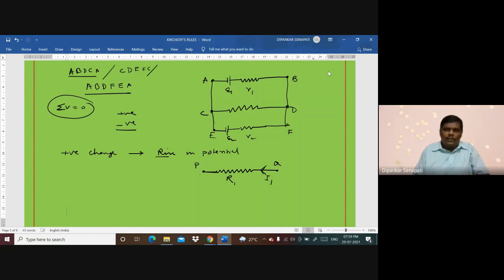Why? Because current flows from higher to lower potential. So when you are going from P to Q, there is a rise in potential, from lower to higher. If there is rise in potential, you can assign a positive sign: I1 R1.